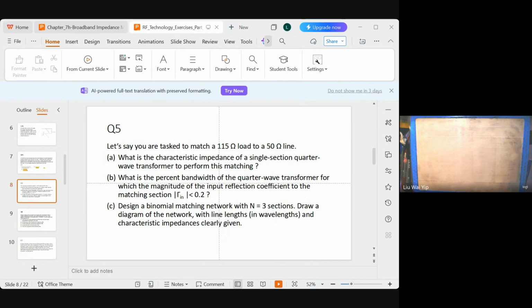So this is part A of the question, and part B of the question asks for the percentage bandwidth of the quarter wave transformer if we want the magnitude of the input reflection coefficient to be lower than 0.2.